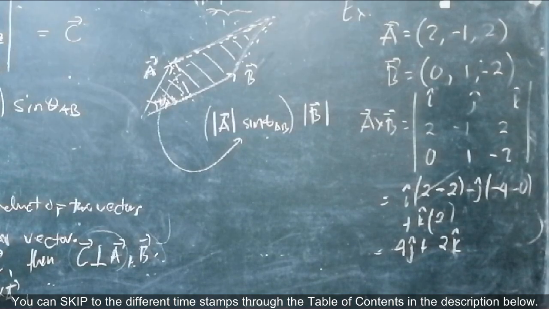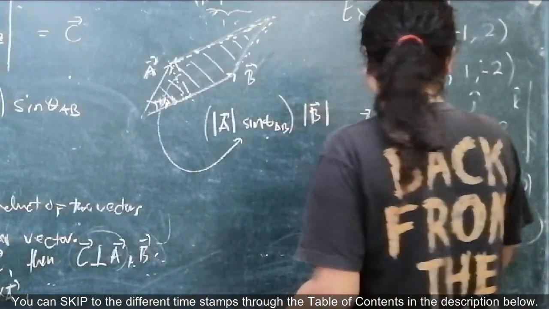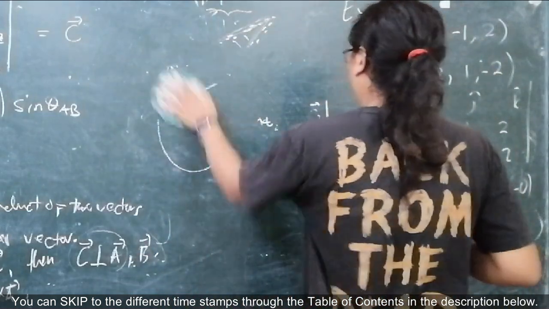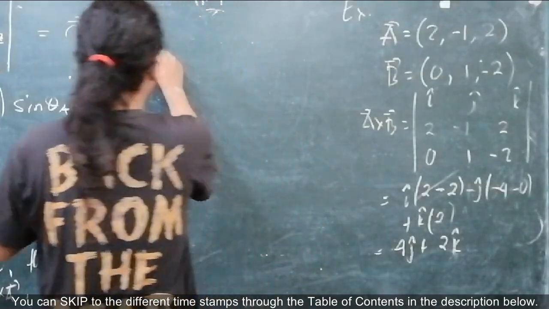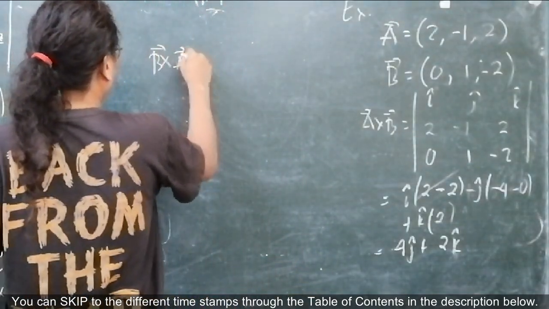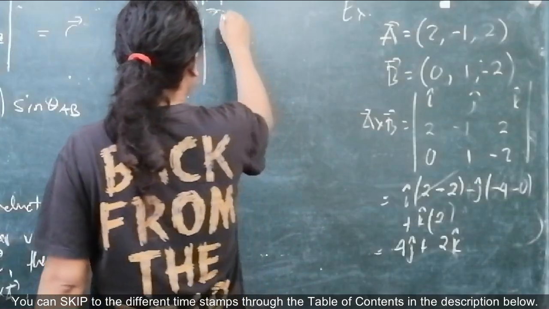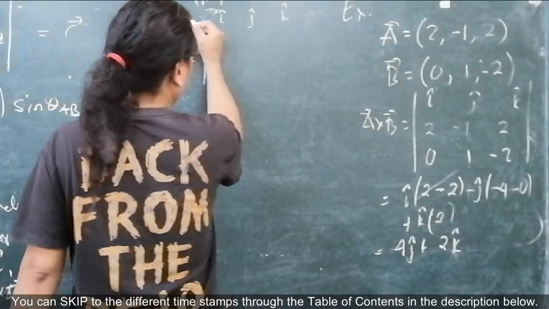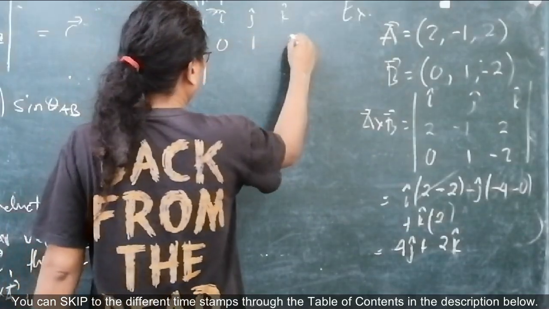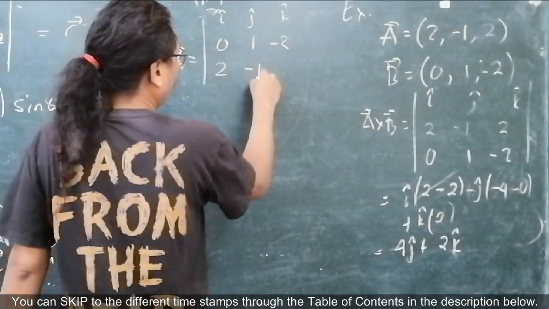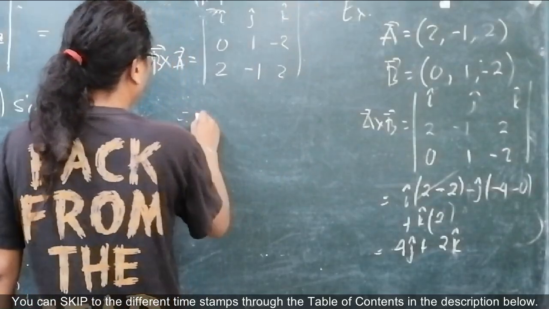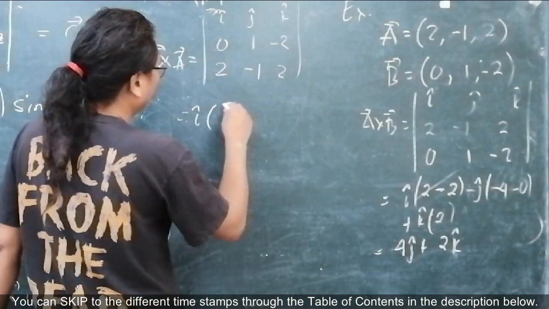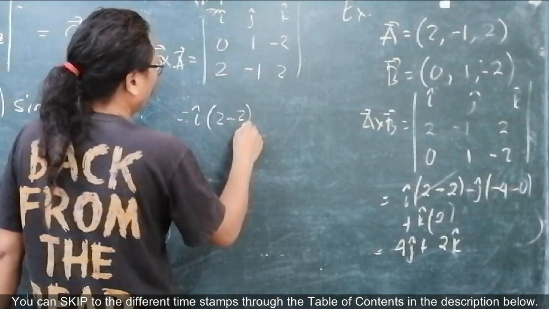Okay? How about B cross A? To verify this one. B cross A now is i, j, k; 0, 1, negative 2; and 2, negative 1, 2. So this is i times 2 minus 2, right?